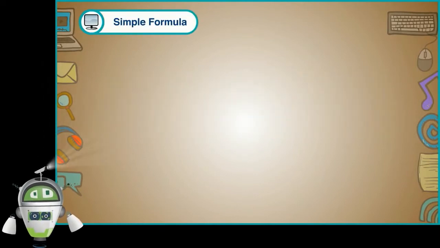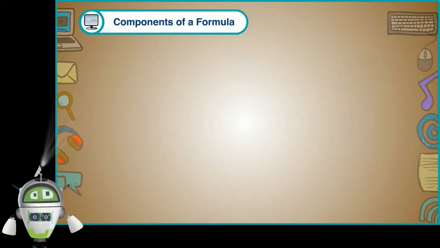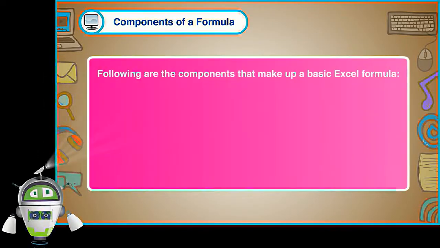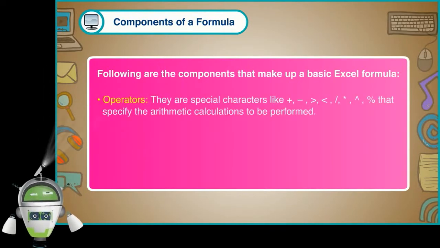Simple formula. A simple formula is an expression that is made up of numbers, arithmetic operators, cell addresses, and parentheses. Components of a formula. Following are the components that make up a basic Excel formula. Operators.